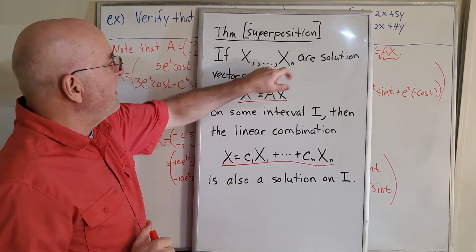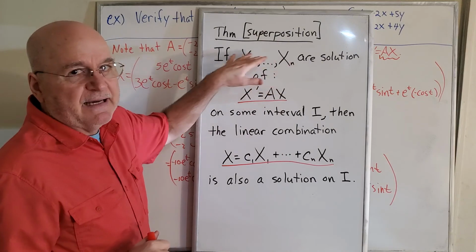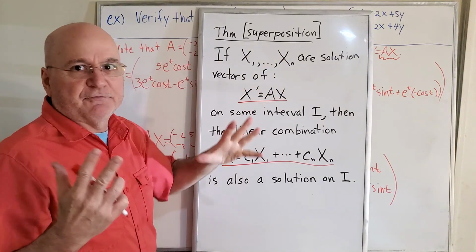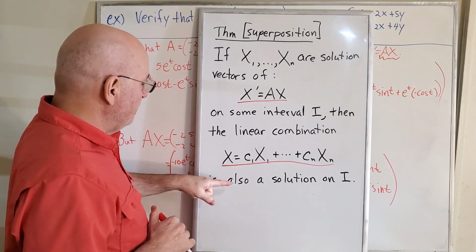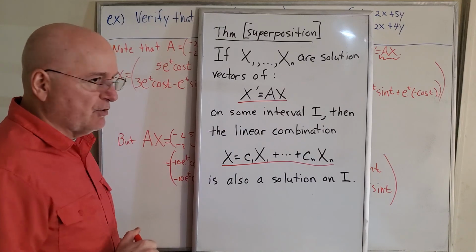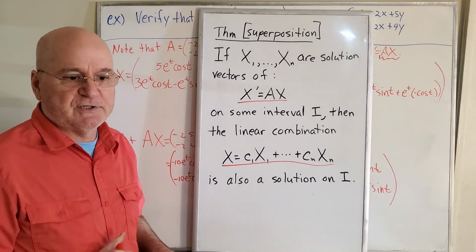So you can multiply each one of them by different real numbers if you want, add them all up, and you will get another solution. So something very similar to what we've seen with individual differential equations.